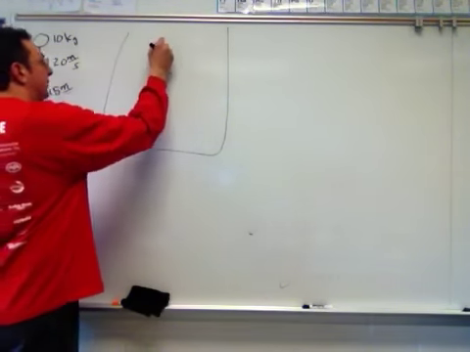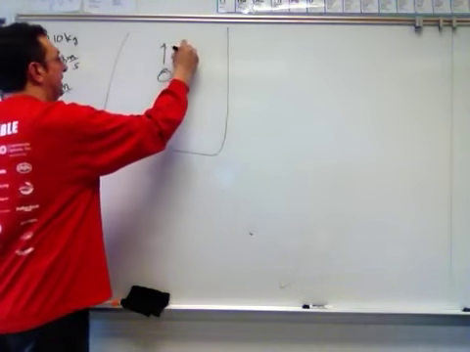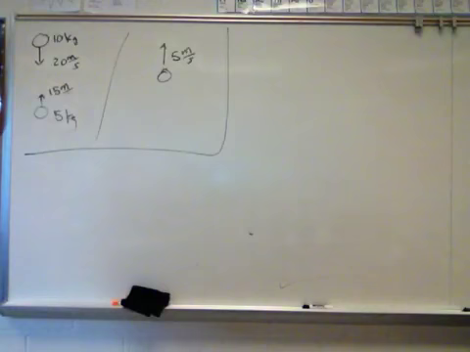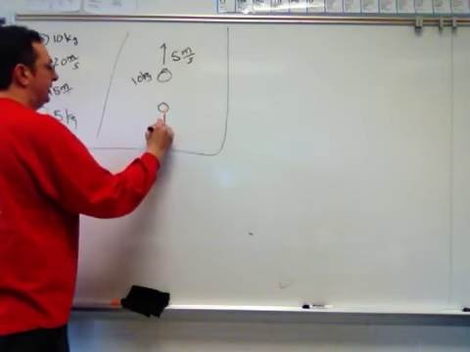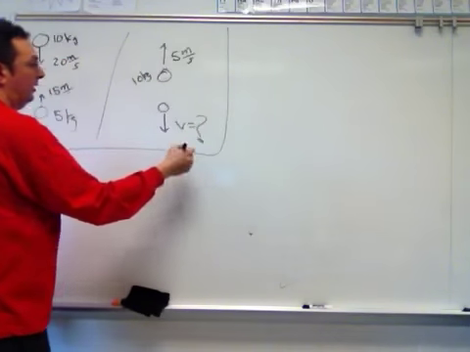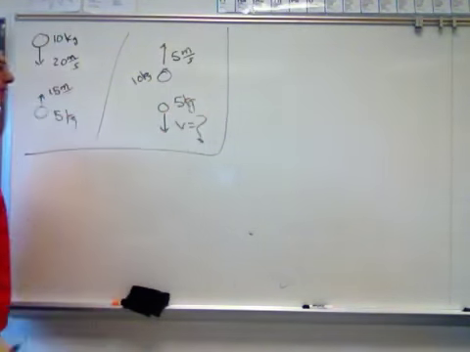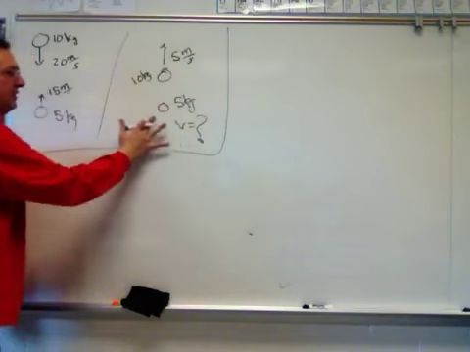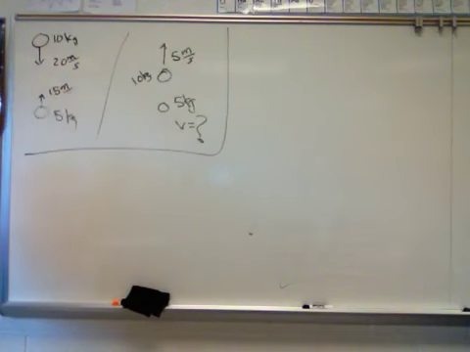Still one-dimensional problems. And that 10 kilogram object is going to be going at 5 meters per second in that direction. And so the question is, what's the velocity of the 5 kilogram object? So I can leave this out entirely.